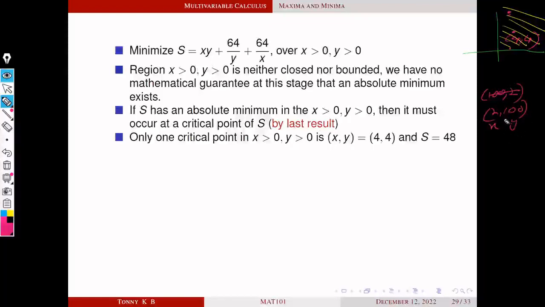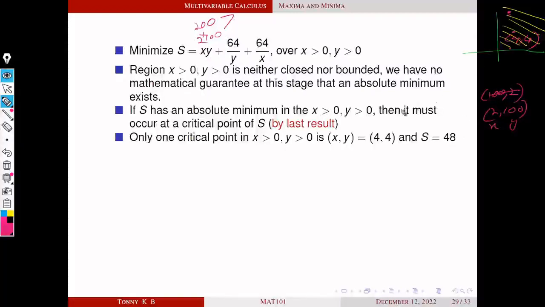And what about this point? Is it possible that this point is a minimum point? No. Why? Because when x equal to 2 and y equal to 100, the first term itself is 200, which is greater than the minimum value we already have, S equal to 48 at (4, 4).